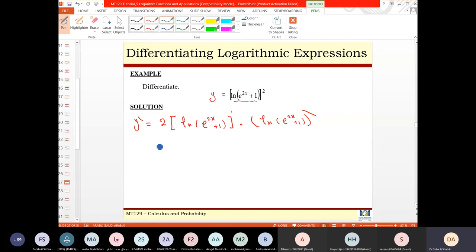Now, second step, I have to find this derivative. This as it is, 2 times ln of e to the 2x plus 1, multiplied with, now what's the derivative of the ln? Agreed? The derivative of what is inside over what is inside, right? The derivative of what is inside, e to the 2x plus 1, dash, over e to the 2x plus 1.